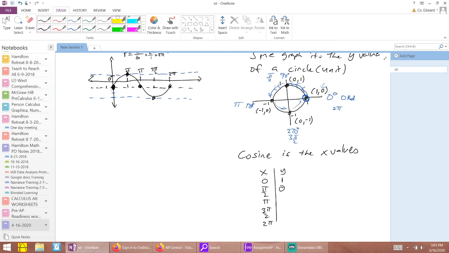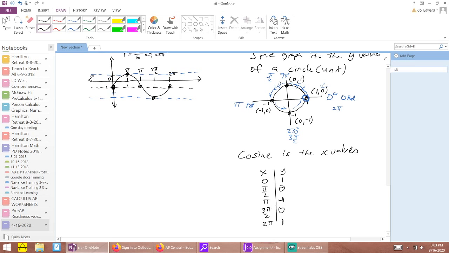What's the x value at pi? The x value is -1. What's the x value at 3 pi over 2? It's 0. What's the x value at 2 pi? It's back to 1.